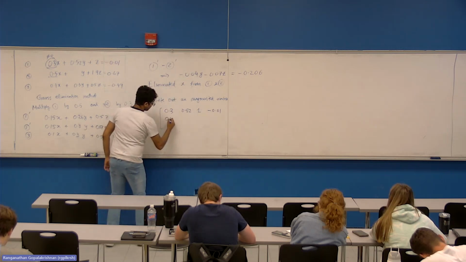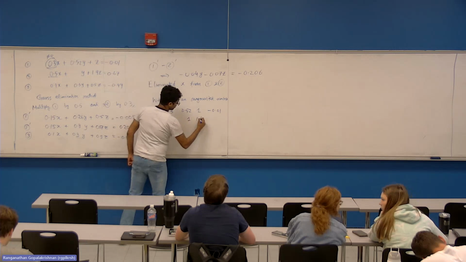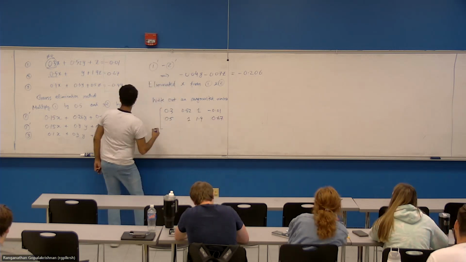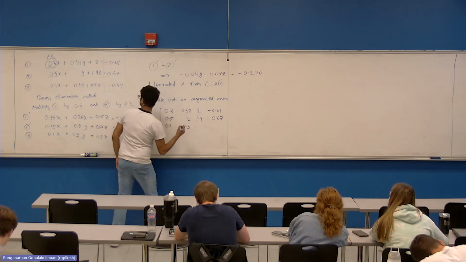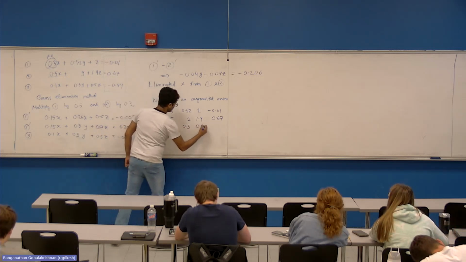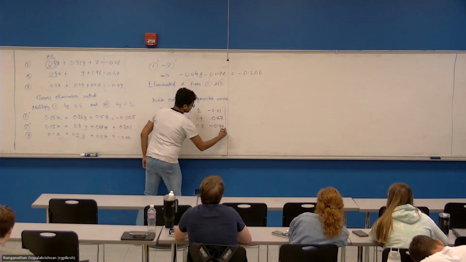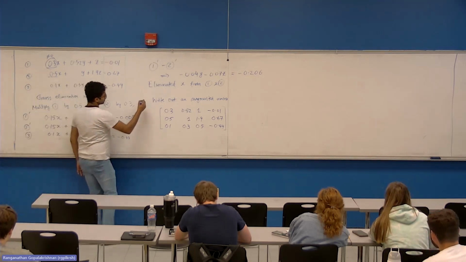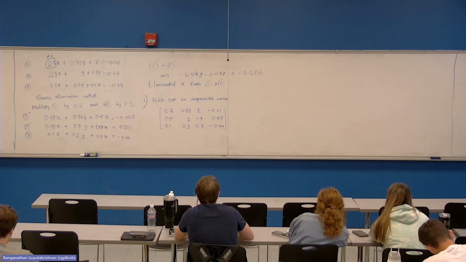Then 0.5, 1, 1.9, 0.67, then 0.1, 0.3, 0.5, minus 0.44. Step 1, write out an augmented matrix. Always start here.